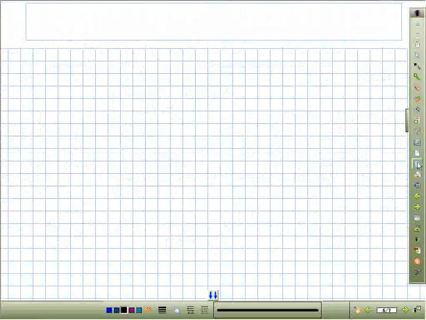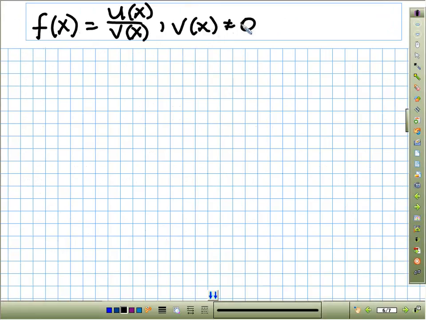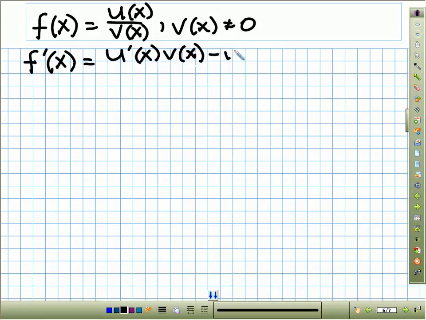Now, let's look at an example. So here's what we have. We have f of x equals u of x over v of x. And we're told that the quotient rule is this. The derivative of the top times the bottom minus the derivative of the bottom times the top, all over the bottom squared.